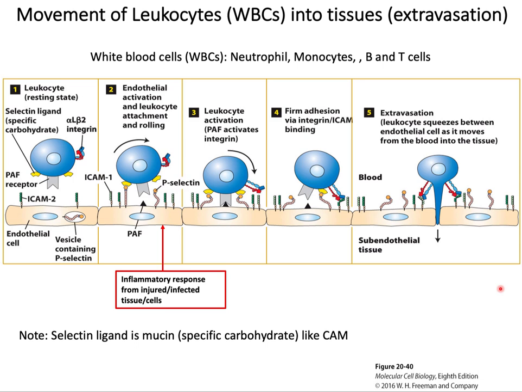So in absence of any signal, the white blood cell will flow through the blood vessels and it will not interact with these endothelial cells. And it will just flow along with the movement of blood at a very fast pace. However, if there is some kind of an infection or an injury to the tissue, you have an inflammatory response.